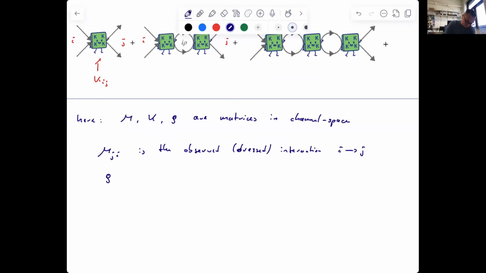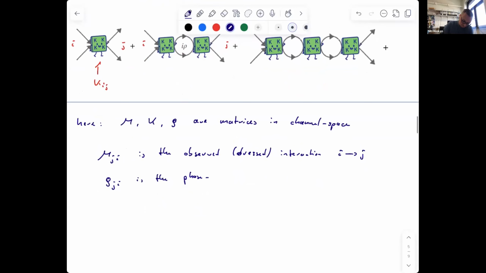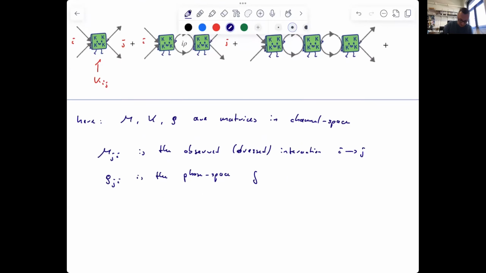We have the rho, where I still owe you the definition of this. This is really just what people typically call the phase space. And so this is a diagonal matrix where we have the Kronecker delta, making sure there are no off-diagonal terms.